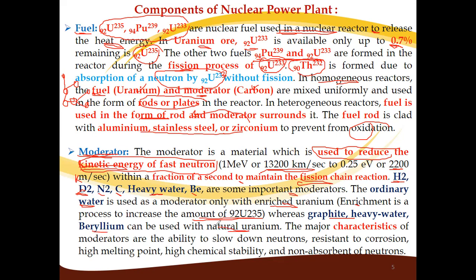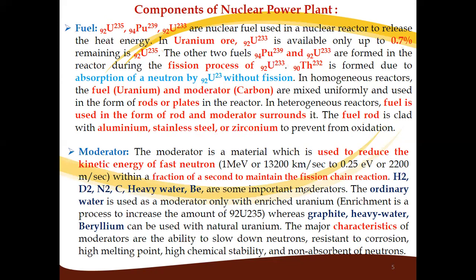The major characteristics of these moderators are the ability to slow down neutrons, resistance to corrosion, a very high melting point, high chemical stability, and non-absorption of neutrons. So these are the characteristics required for moderators. This is the second part of the nuclear reactor, the moderator.